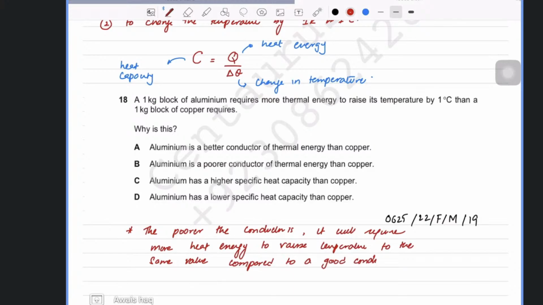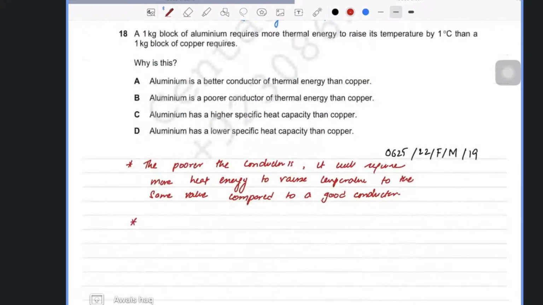So naturally we should understand that good conductors will have a smaller value of heat capacity.